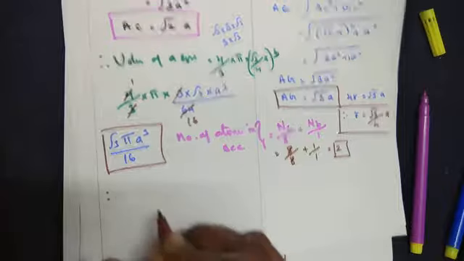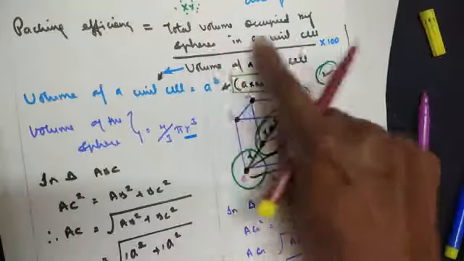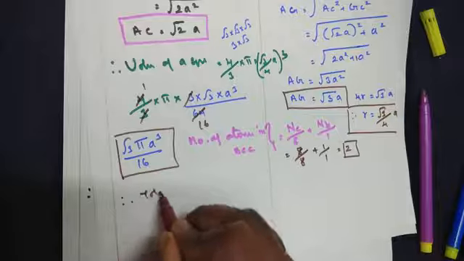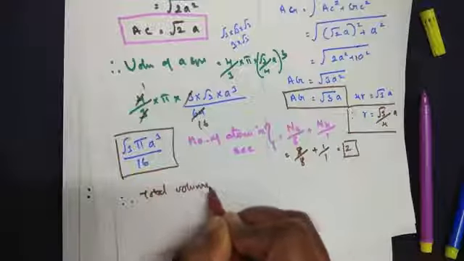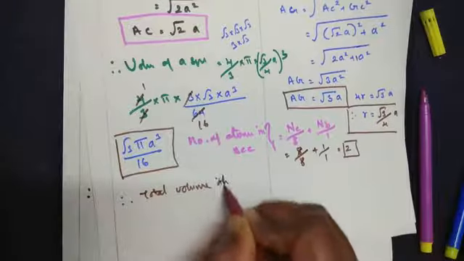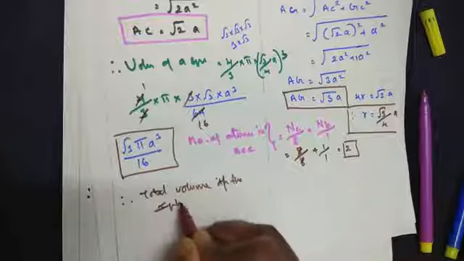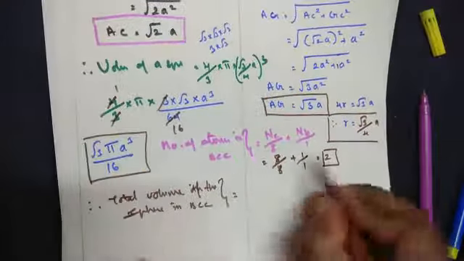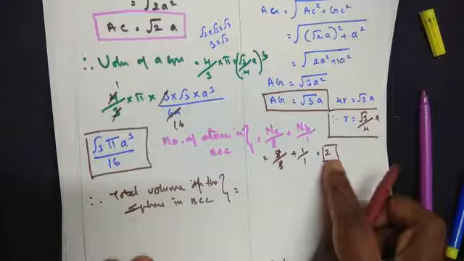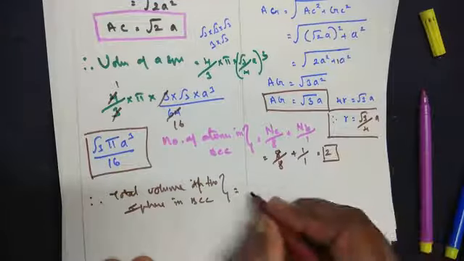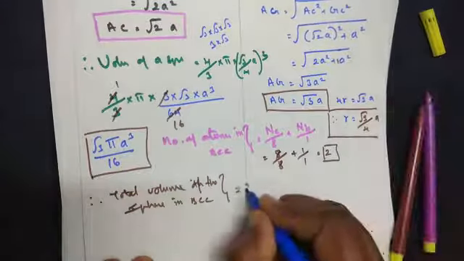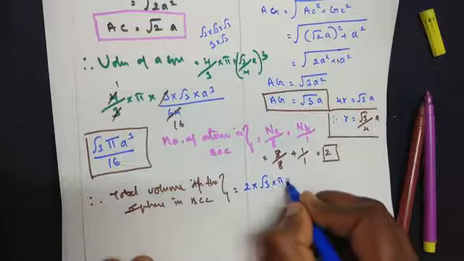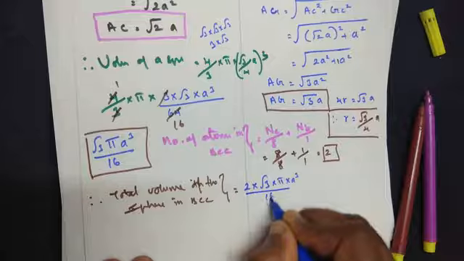Therefore, because we have to calculate the total volume of the occupied spheres, total volume of the spheres in a BCC is equal to, whatever answer you've got, multiply it with the number of atoms in a BCC. So we write here 2 into square root 3 into pi into A cube by 16.